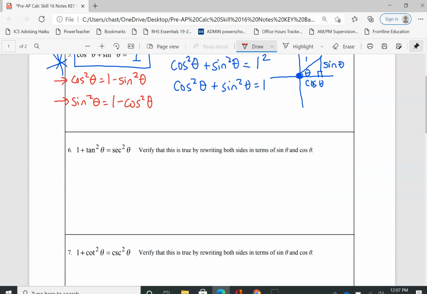All right, so now how can we show that 1 plus tangent squared is equal to secant squared? We're going to verify that this is true by rewriting both sides in terms of sine and cosine. So I'm going to have 1 plus, for tangent squared, sine squared over cosine squared. For secant squared, I'm going to have 1 over cosine squared. The next thing I'm going to do is get a common denominator.